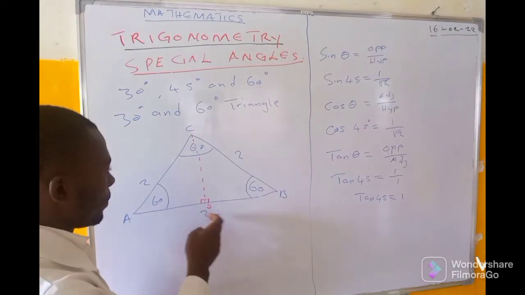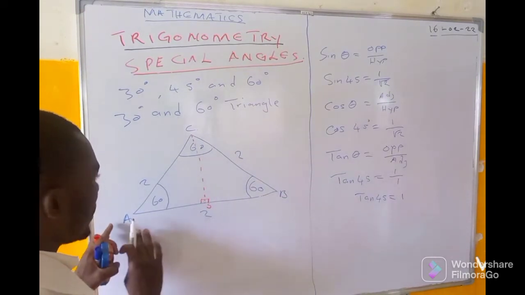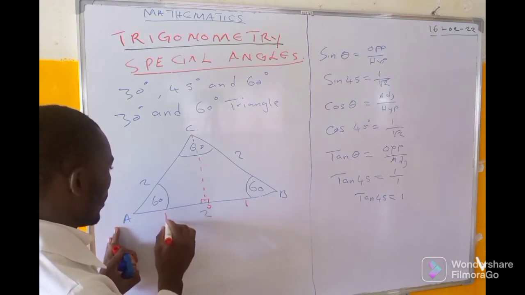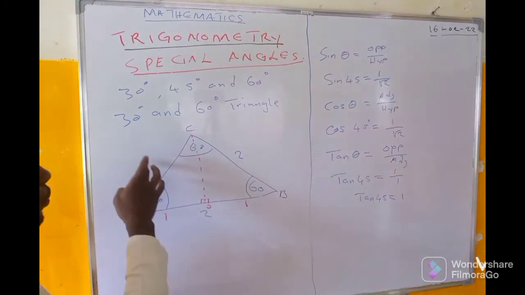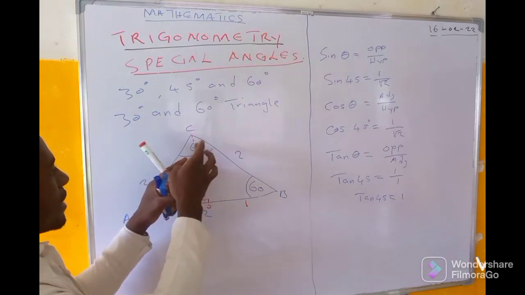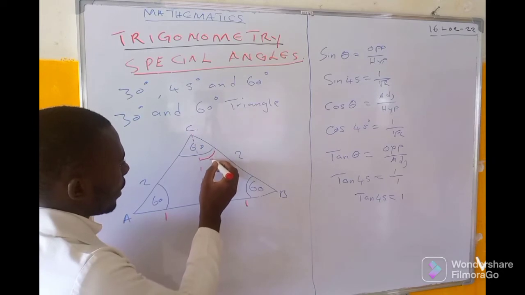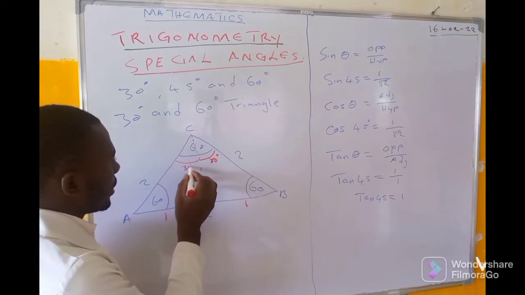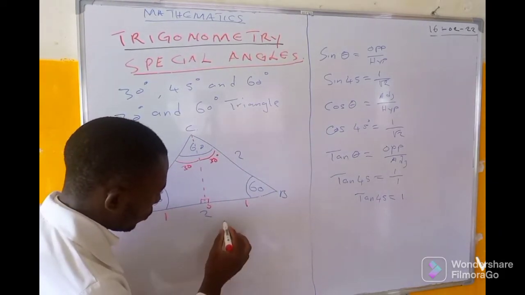So if from A to B it is 2, that means when you bisect this line into two equal parts, you are going to have 1 there and the other 1 on that side. This side you are going to remain with 2 and this other side you are also going to remain with 2. And if you bisect this 60 degrees angle, that means this side you are going to have 30 degrees, and the other side here also 30 degrees. That means you have a triangle here which is going to look like this.